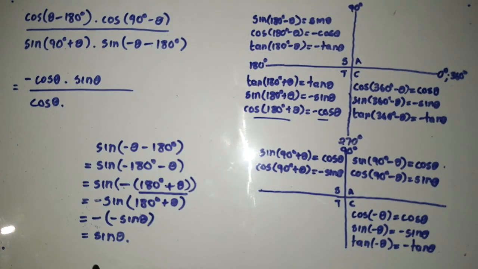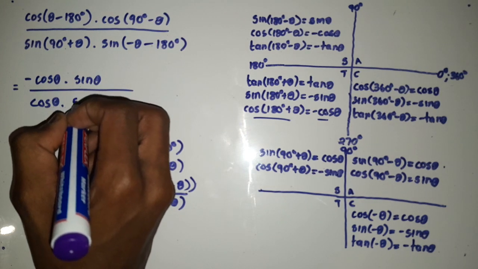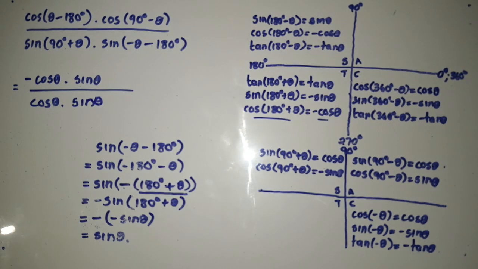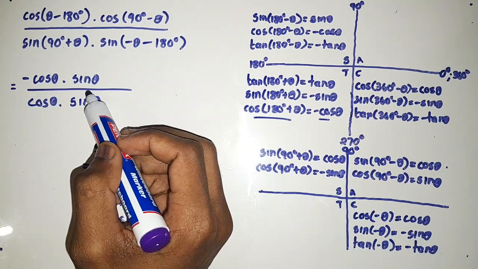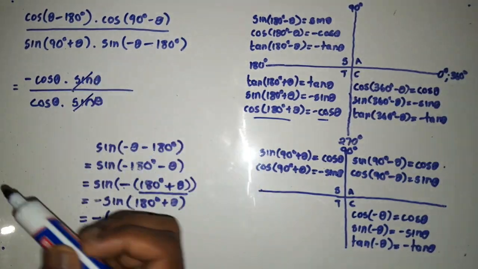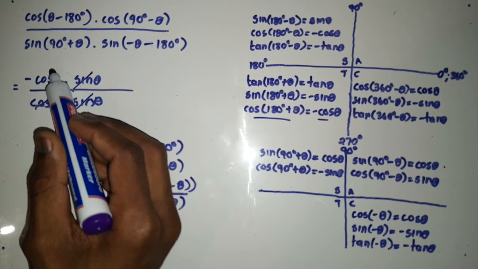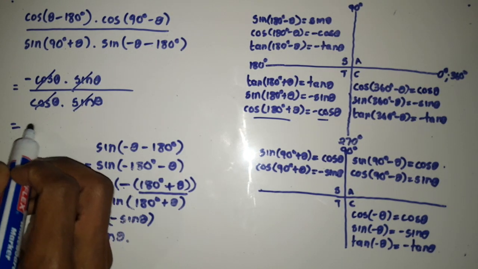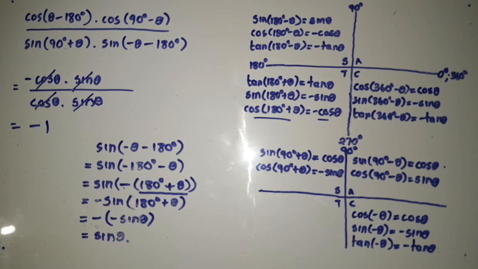Then you write sine theta there. This is going to cancel this, giving 1. Lastly, our final answer is going to be negative 1. At this point we have managed to solve our problems. Thank you and enjoy your day.